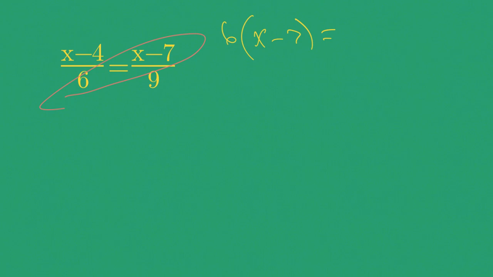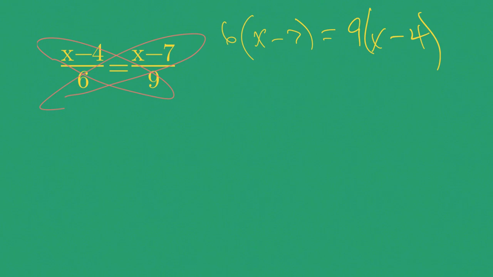And then let's go back the other direction. 9 times x minus 4. Again, the use of the parentheses will be a good visual cue that you need to be distributing.